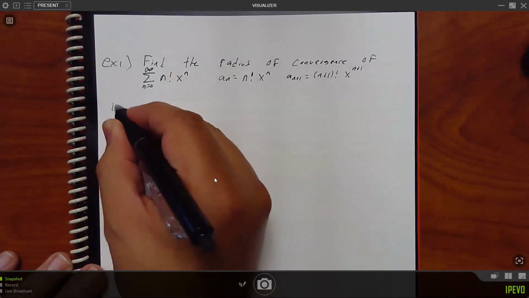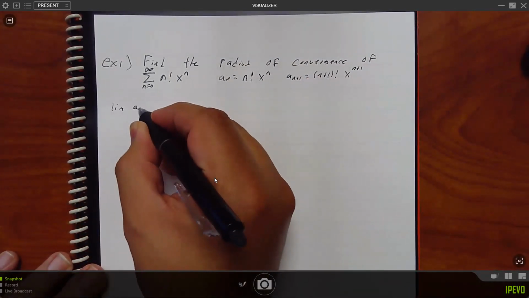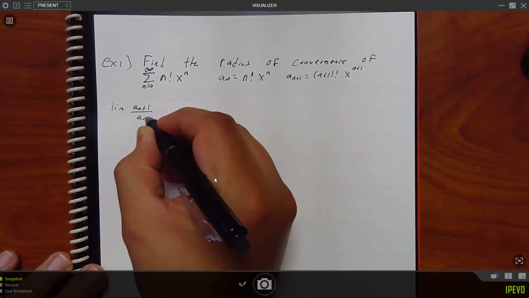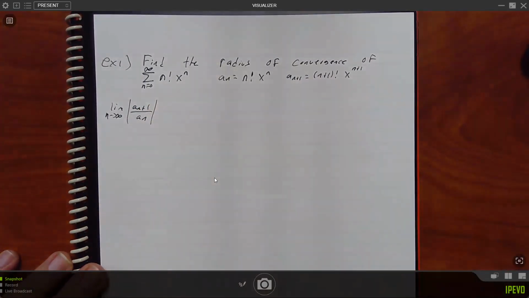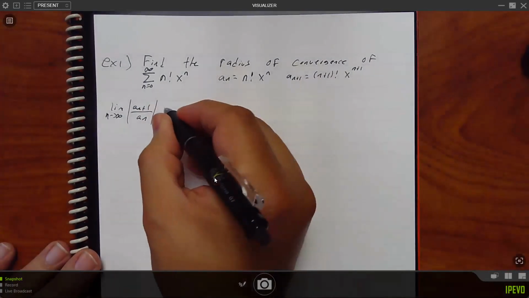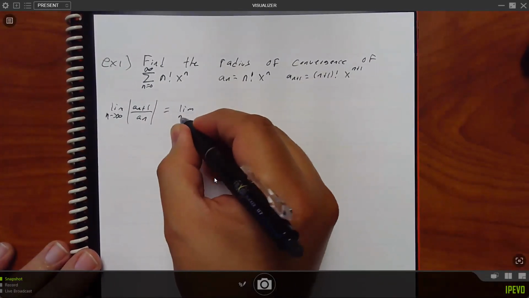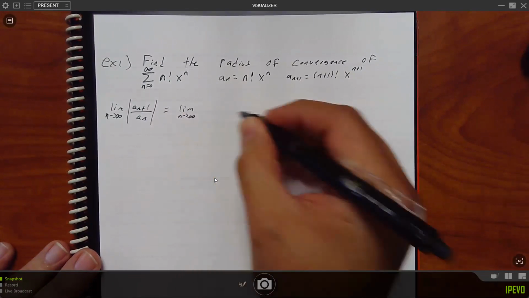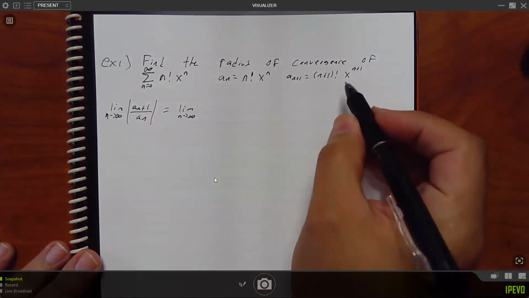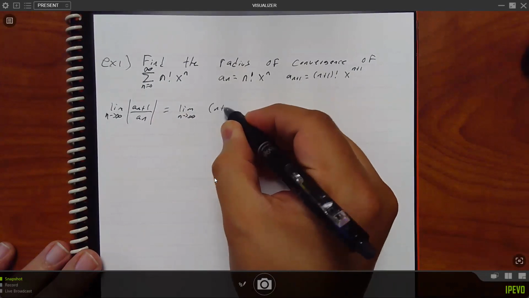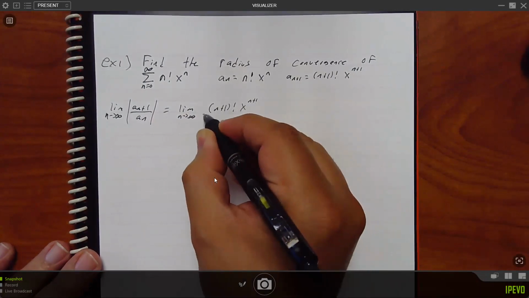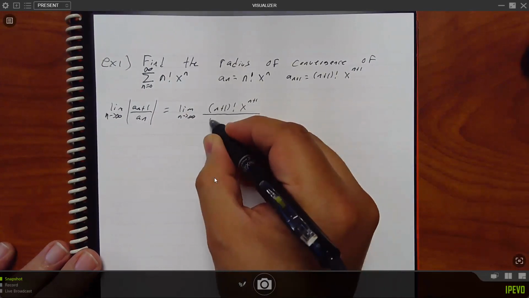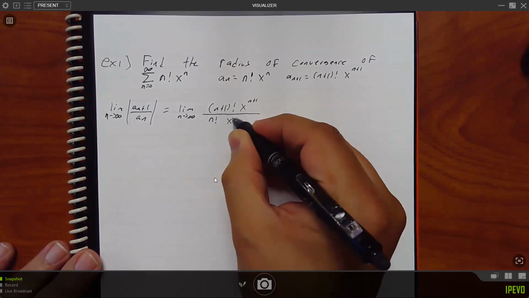So the limit of a_{n+1} over a_n, technically absolute value, but it doesn't matter for this case, is going to equal the limit of this guy here over n factorial times x to the n.